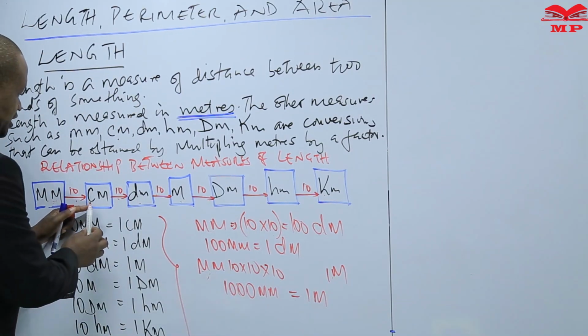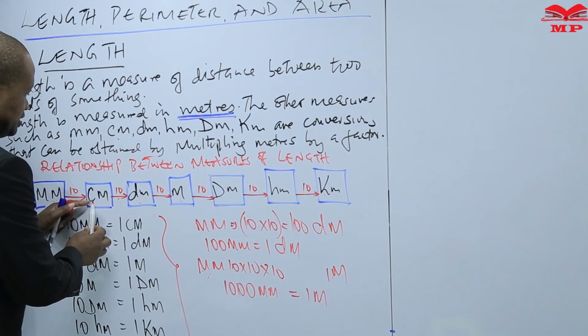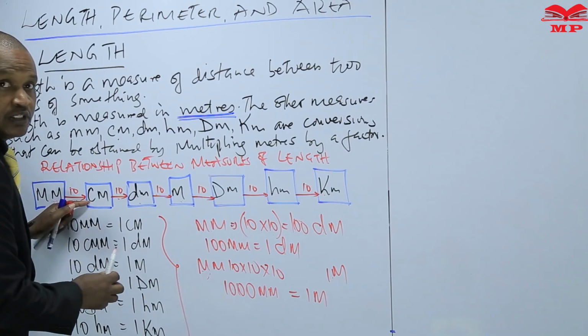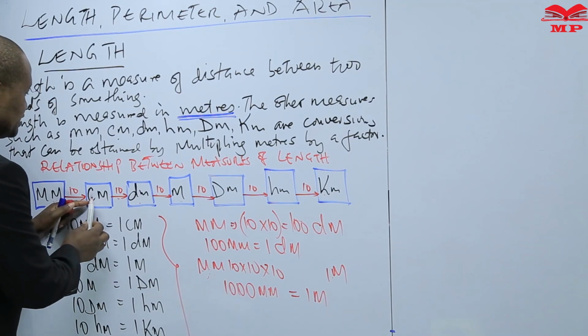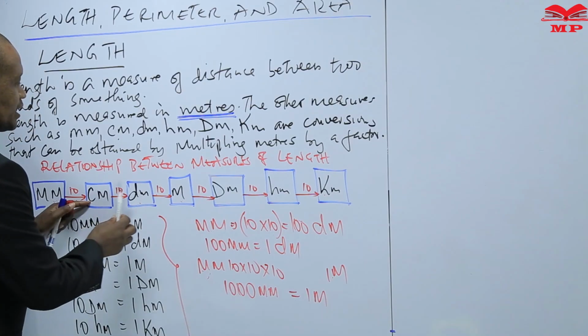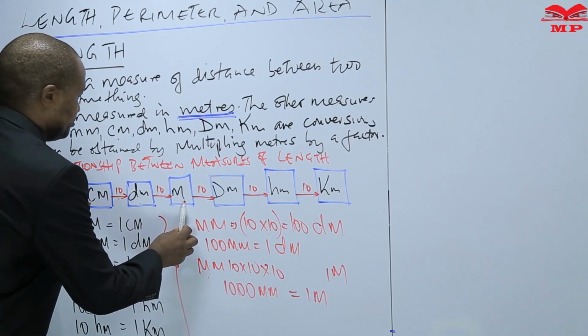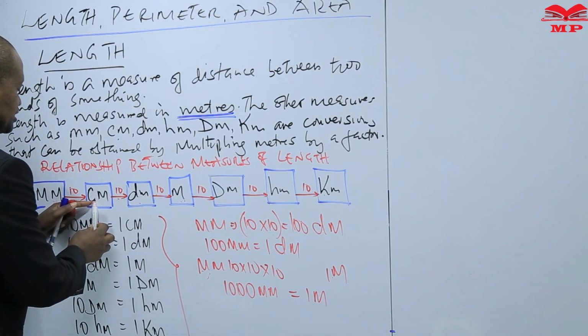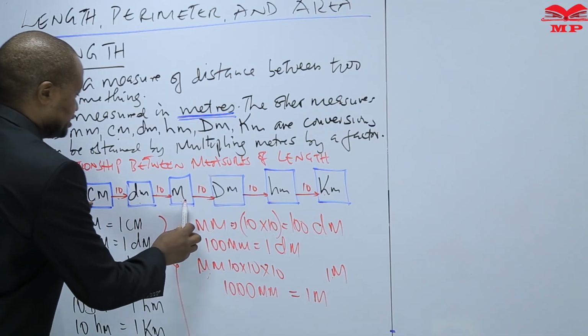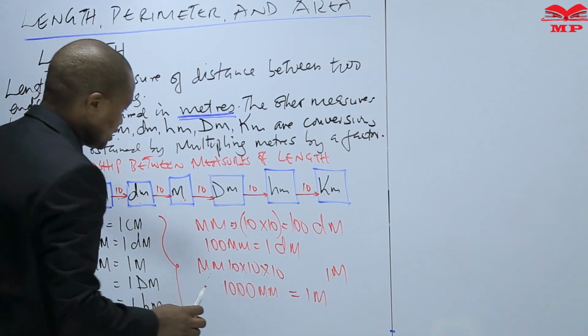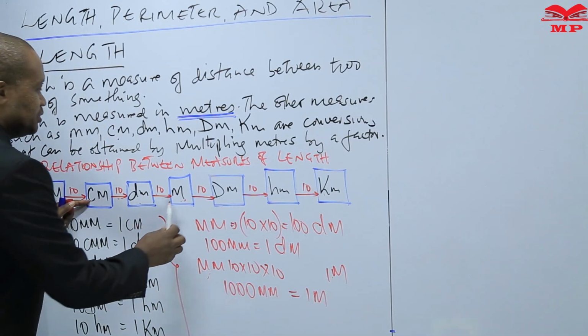So we can try another set of measures. How many centimeters make 1 meter? So we are going to get the product of the tens between the two.